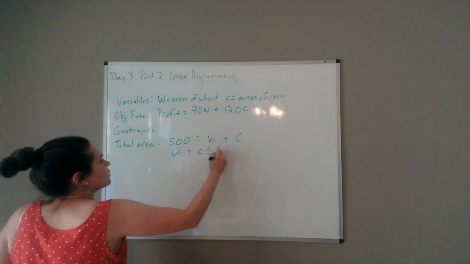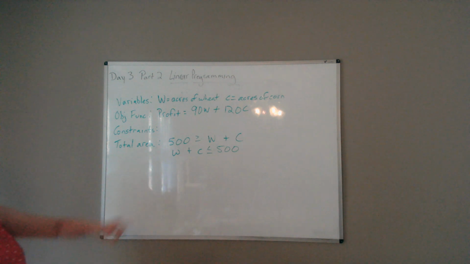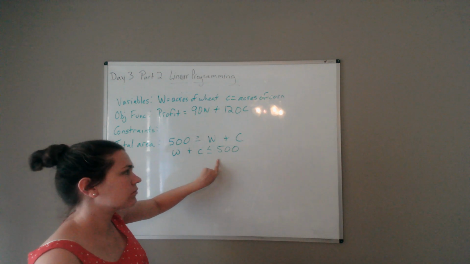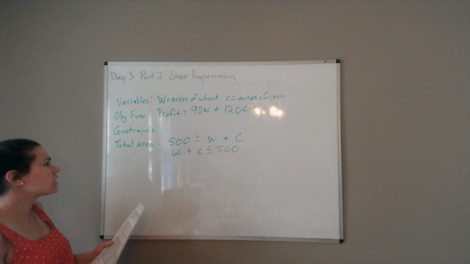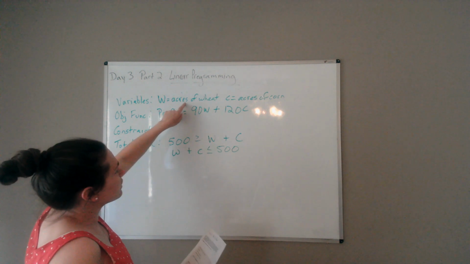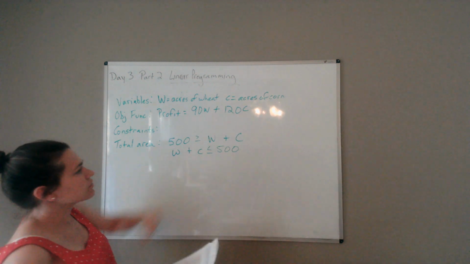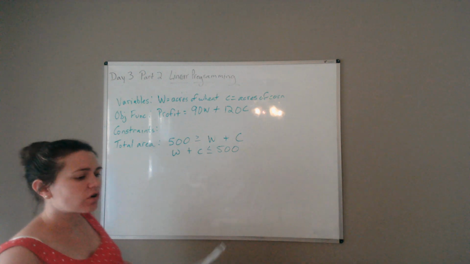Less than or equal to 500. We can't go above 500 acres because she only has, look at the problem, the farm is only 500 acres. So we know that the amount of acres of wheat plus the amount of acres of corn has to be less than or equal to 500. It's okay if we don't use the entire farm, but you can't use land you don't have.